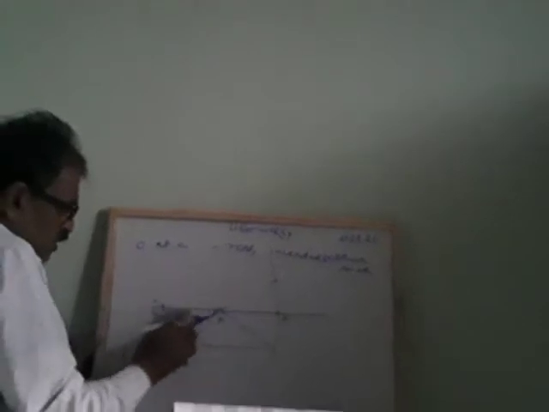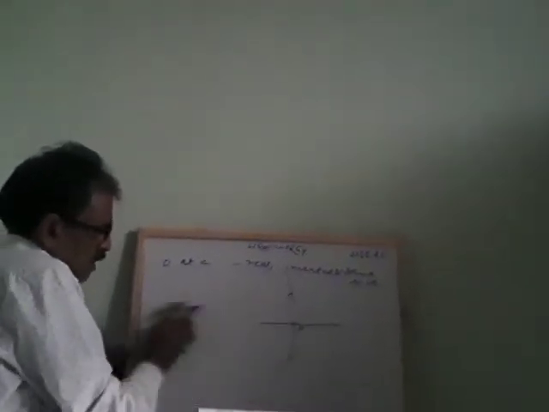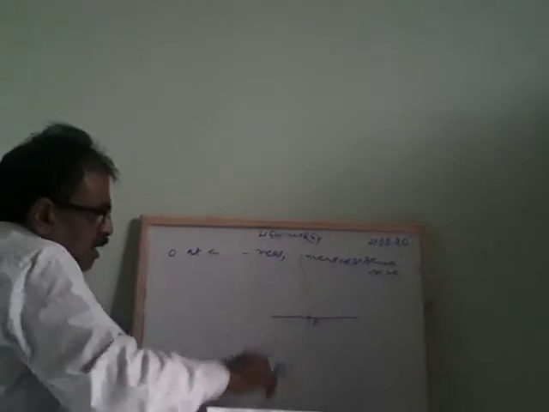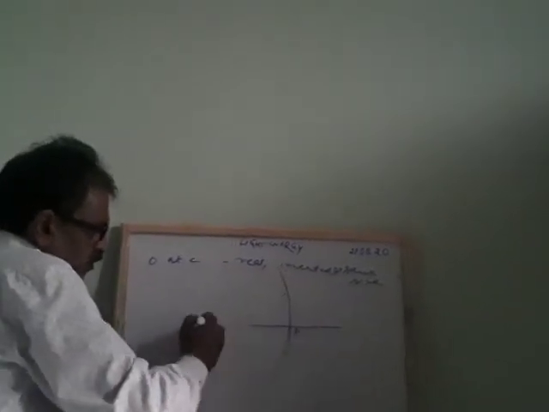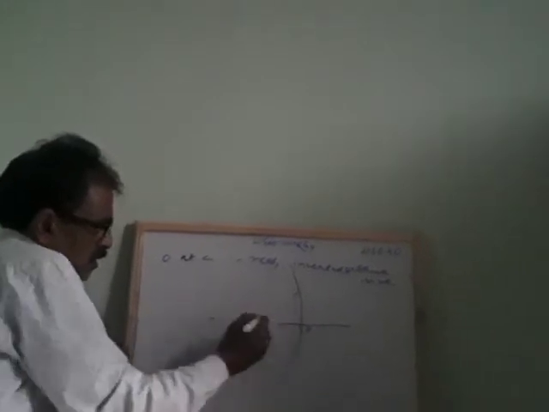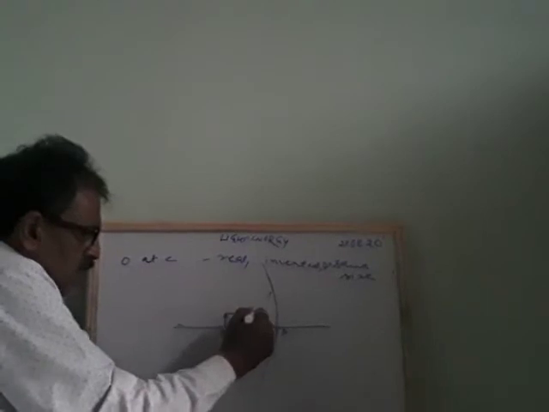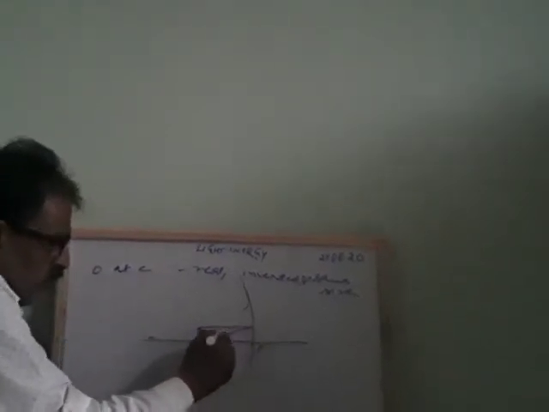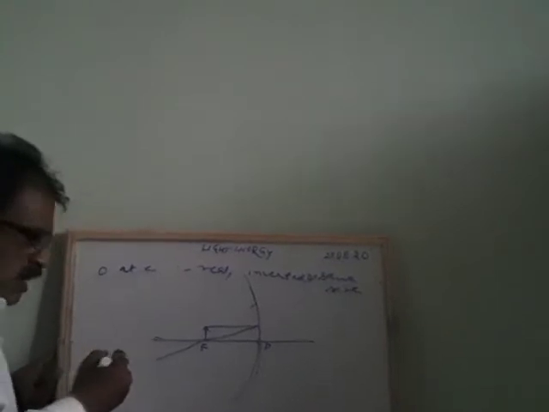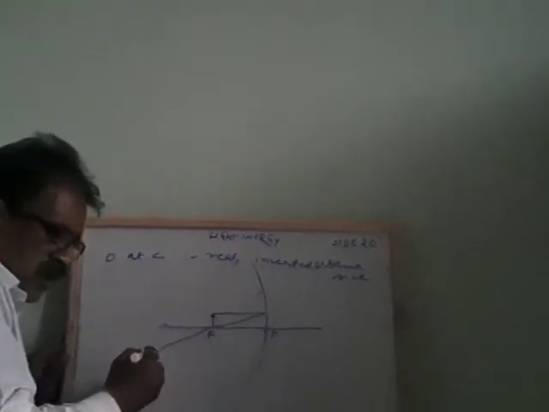Then when you keep an object at F, the principal focus. What happens to the light ray? It passes and reflects through the focus. One more light ray will be there.